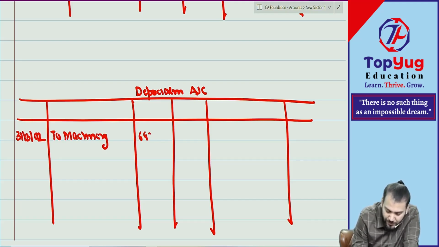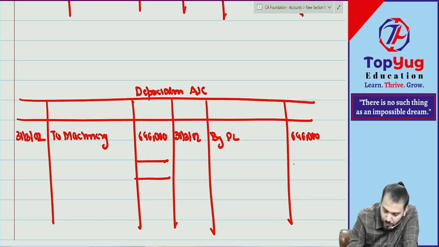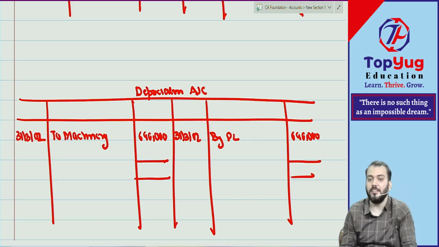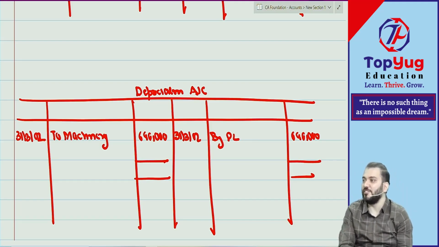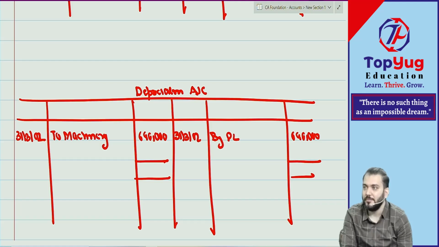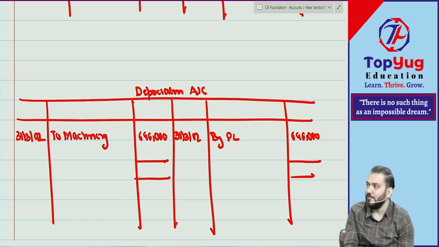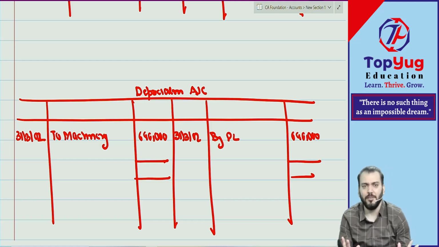First year is 6 lakh 40,000, and this will be closed by transfer to which account? Profit and loss account, 6 lakh 40,000. This will be closed and then you can continue for the second year and third year. Understood? In every question they are asking machinery account, depreciation account, so you can do it on your own. If you know the depreciation amount you can do it. Correct? Simple. Understood? But only this much.